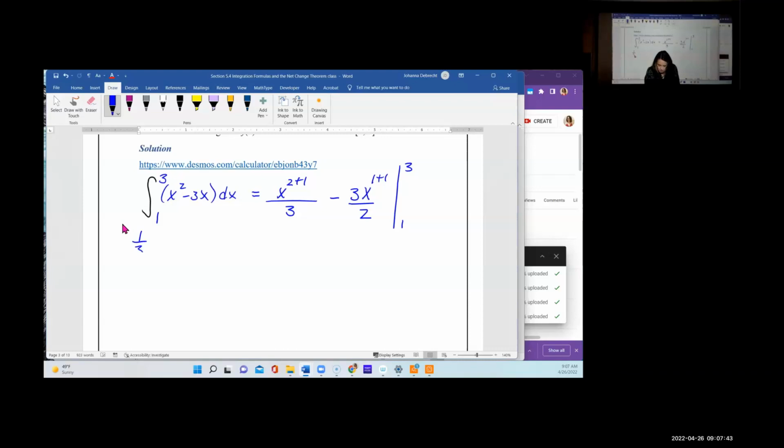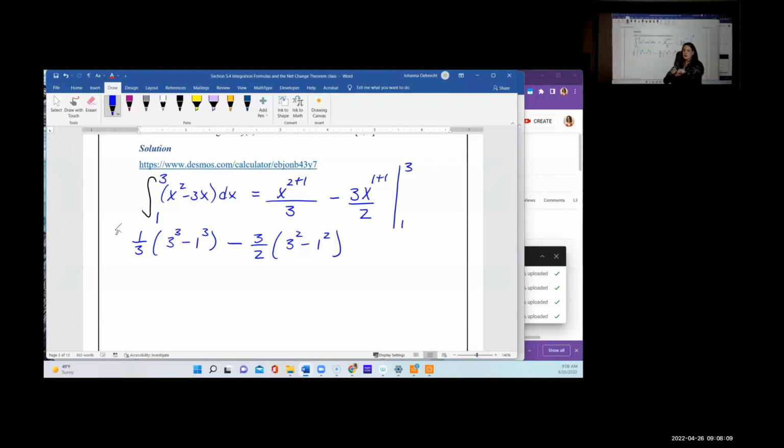So I have 1/3, partly because I have coefficients, and this becomes x to the third. So this becomes 3 to the third minus 1 to the third, minus 3/2 times x squared, so I get 3 squared minus 1 squared.